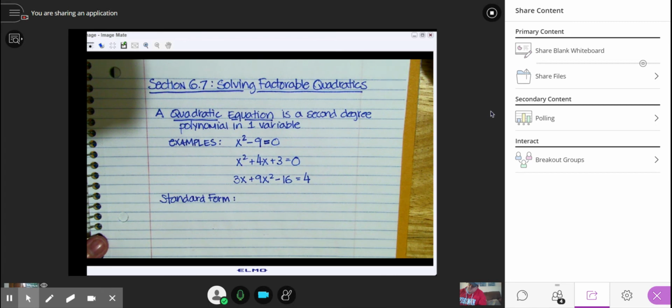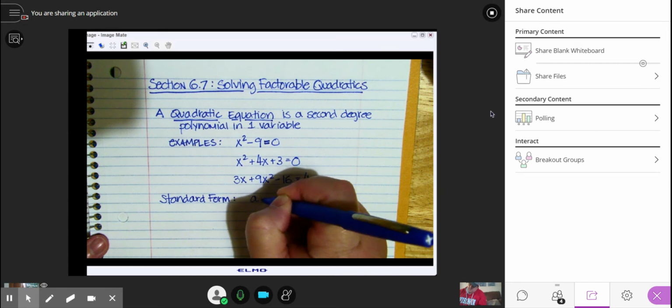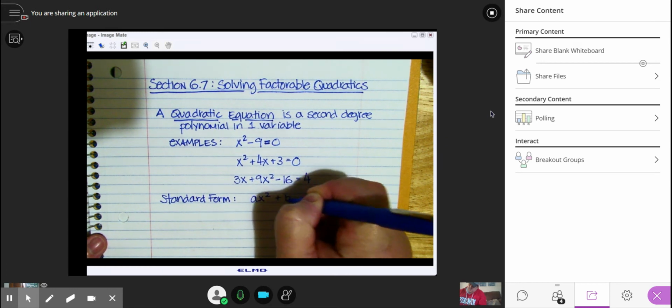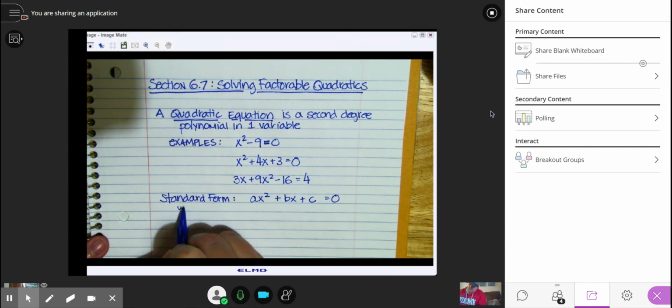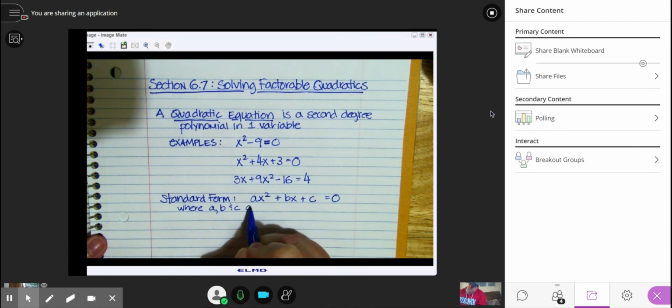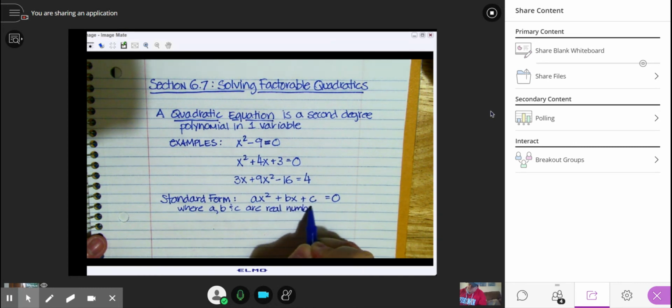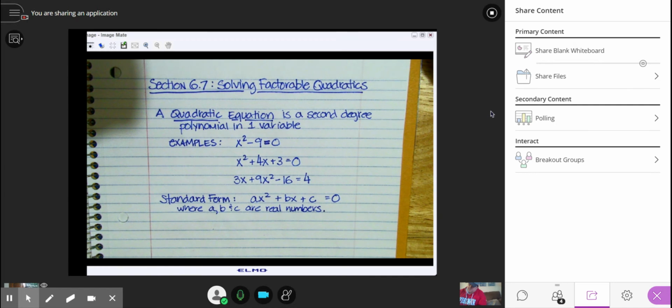The standard form of a quadratic equation is ax squared plus bx plus c equal to 0, where a, b, and c are real numbers. Okay.